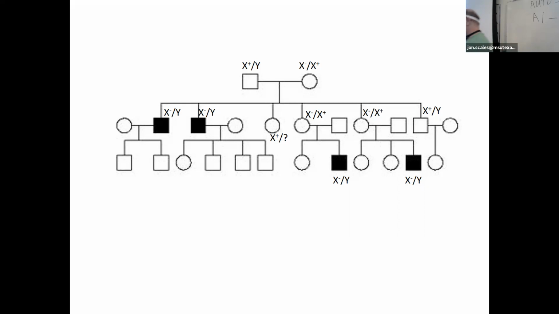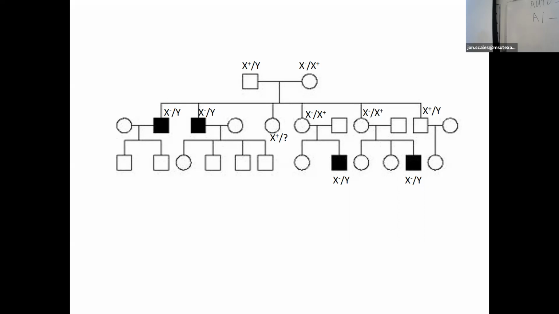The other really heavy use for pedigrees would be predictive. Like, okay, she wants to have kids. She's like, my brother's colorblind. Are my kids going to be colorblind? If they are, what's the likelihood that they will be?